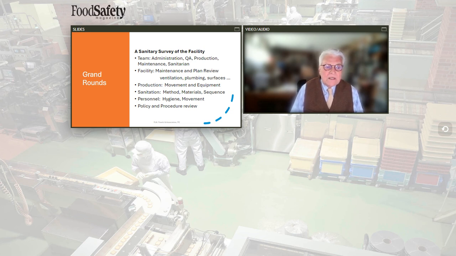We look at the facility altogether: maintenance and plan review, ventilation, plumbing, and surfaces. Plan review is, is the plant capable of actually doing what it's supposed to do safely and economically. Maintenance is one of the biggest issues.